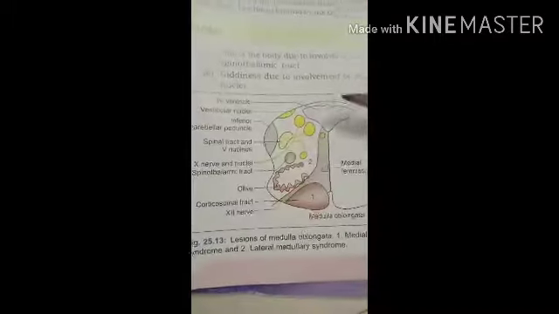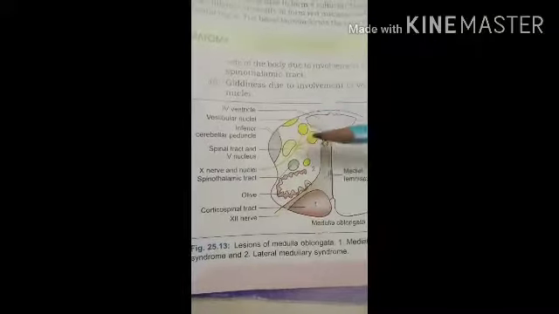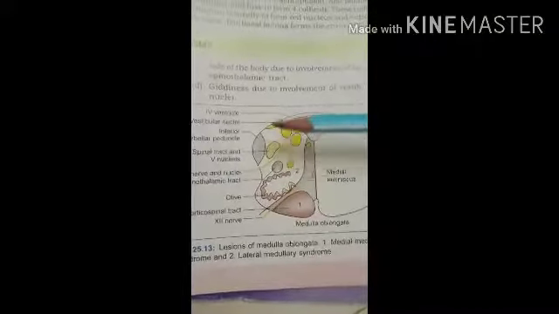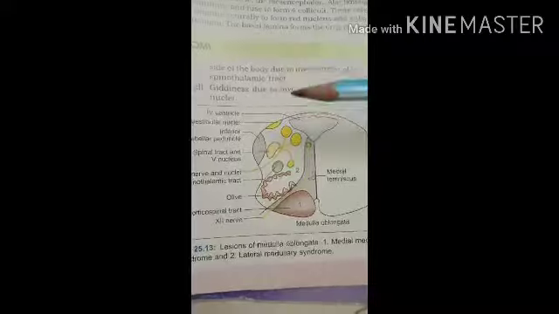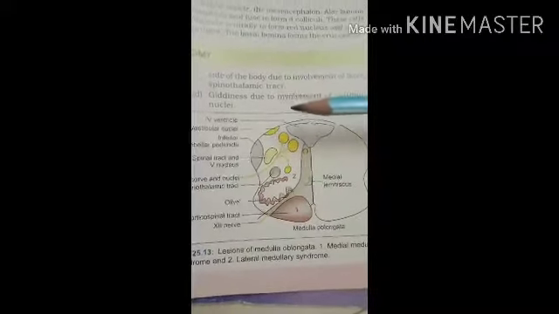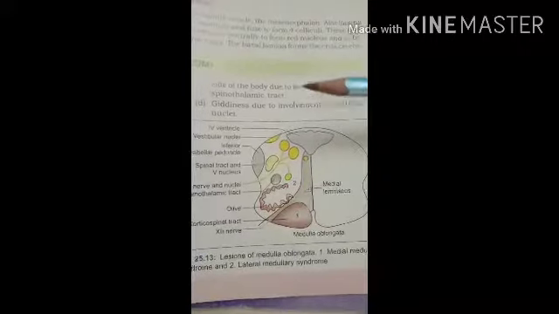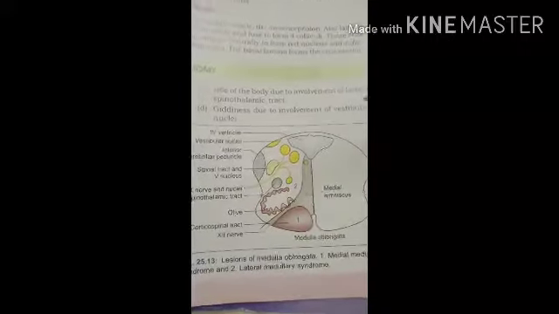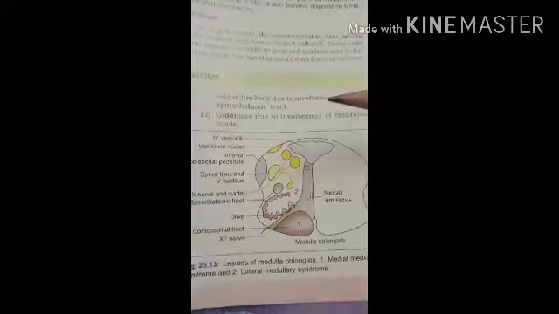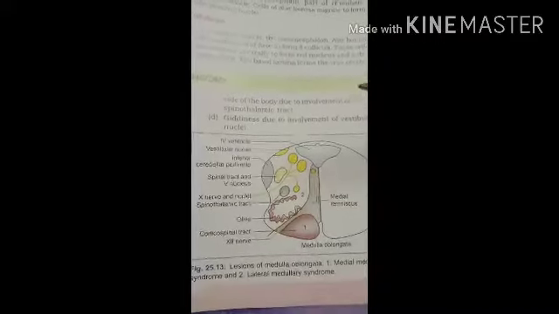The next clinical point is the medial medullary syndrome. It can occur due to blockage of the anterior spinal artery, and the features seen are contralateral hemiplegia. Contralateral means the opposite side, due to damage of the pyramid of the medulla.